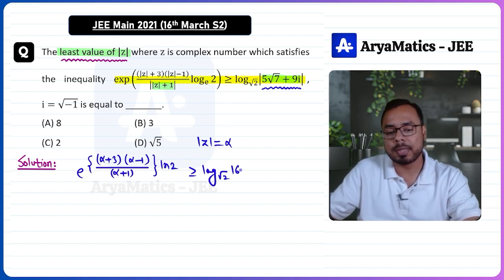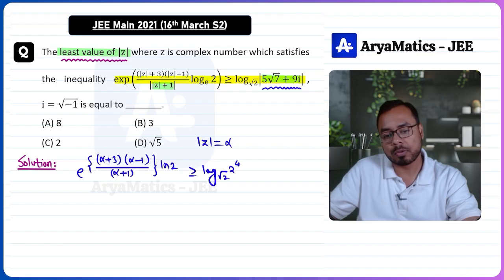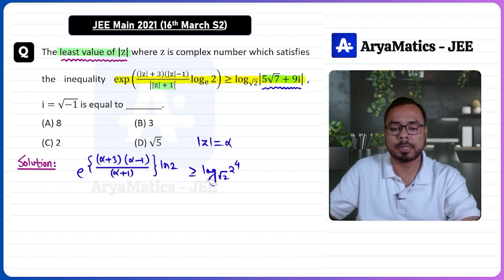Now clearly you can see that this number log 16 to base root 2. So I mean this number will become 8, right? 16 is 2 raised to 4. That means root 2 raised to 8. So if I simplify this one, the right hand side will become 4 into 2, that will be 8. So basically this right hand side is nothing but 8.